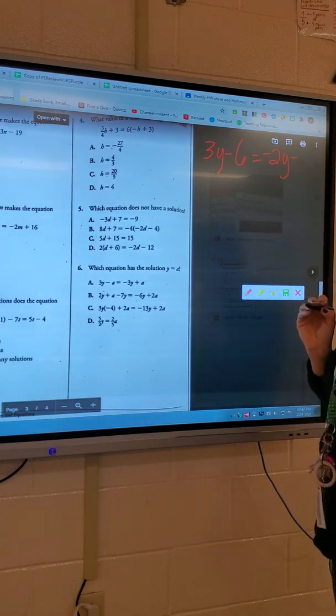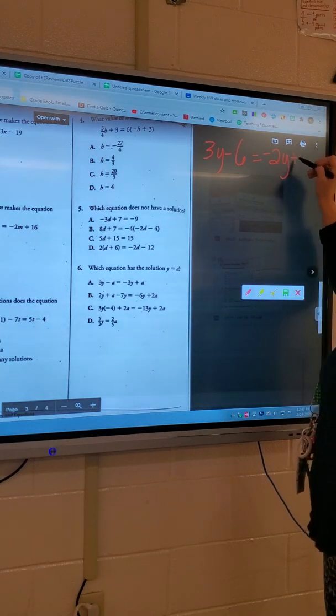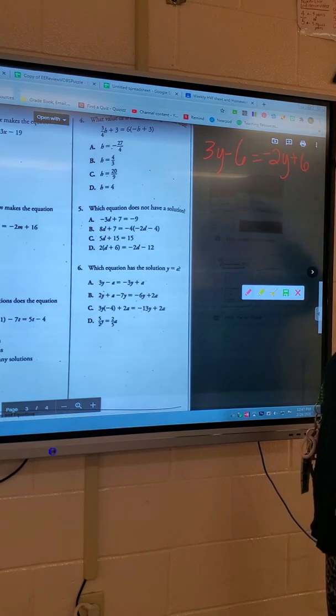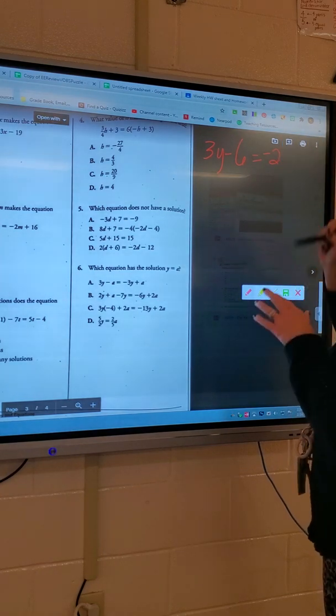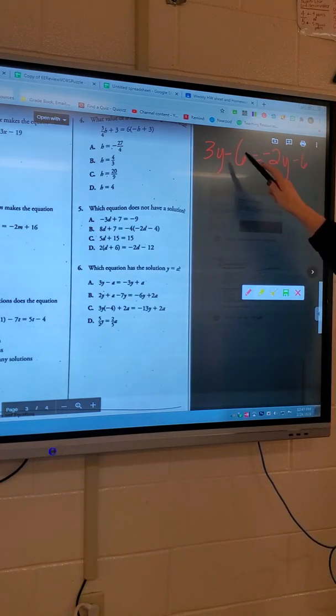What did I say? Same constant, but different signs for the variable terms. So we have different variable terms and the same constant terms.